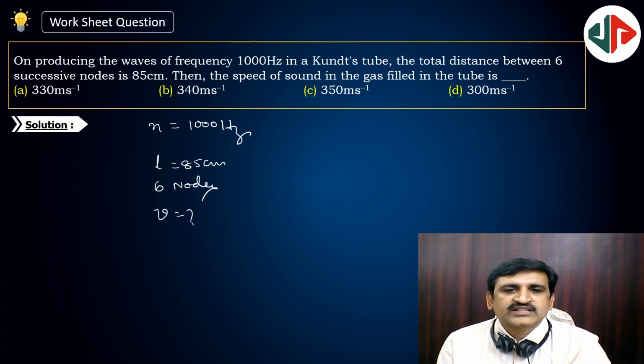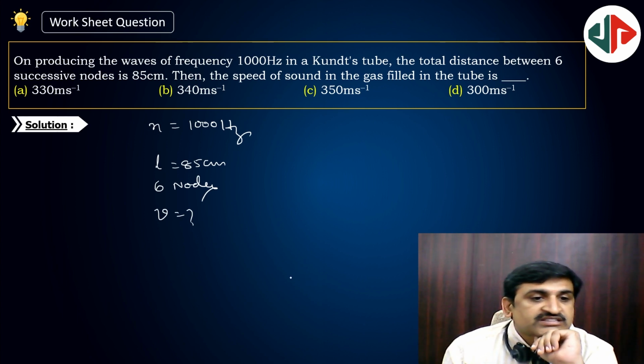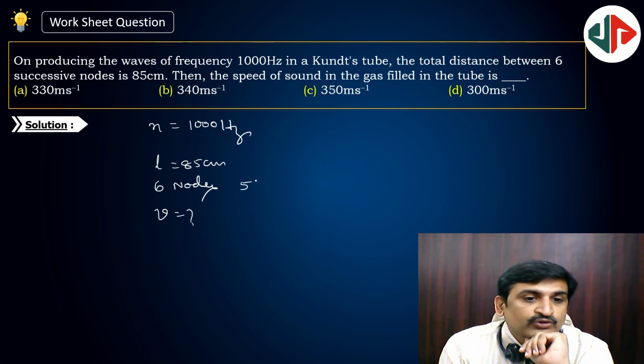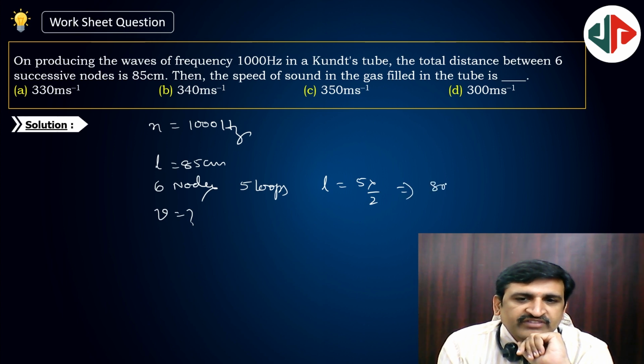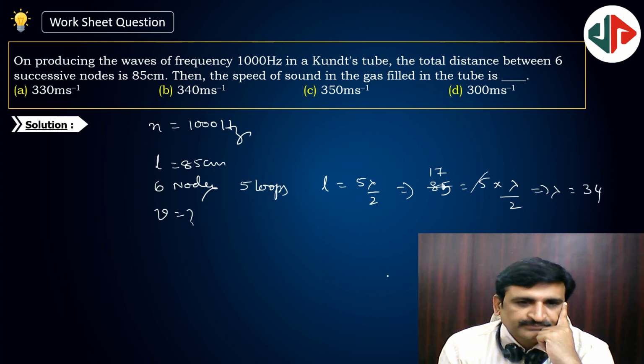In Hund's experiment, 6 nodes means 5 loops. 5 loops means length L is equal to 5 lambda by 2. Implies 85 is equal to 5 lambda by 2. 5 will go 17 times, so lambda is equal to 17 twos are 34 centimeters.